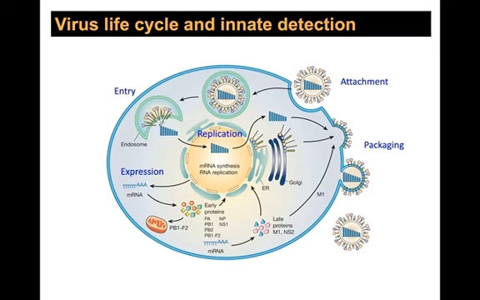Now, there are many steps here where you could have possible innate recognition, after release of the virus. The first is during that entry step. You have endosomal toll-like receptors, and they're going to primarily recognize nucleic acids. Where are those coming from? Well, virus fusion with the endosome is actually a pretty messy process, and so a lot of virus doesn't make it. You're dumping genetic material inside the endosome, and that can be recognized by TLR3, 7, 8, and 9.